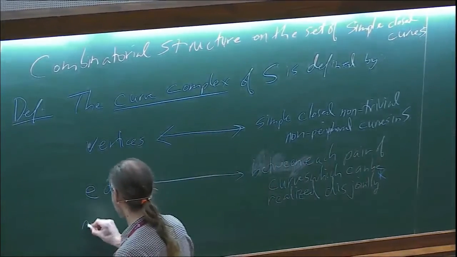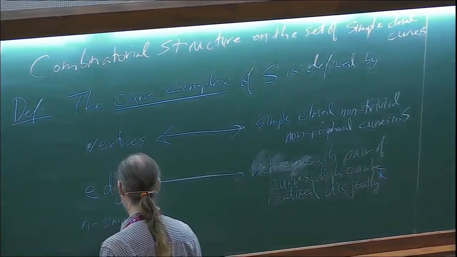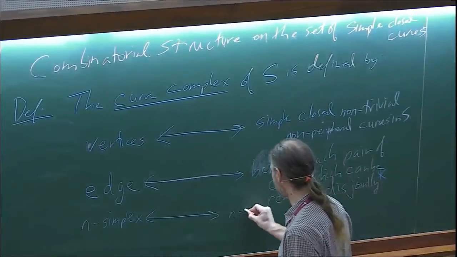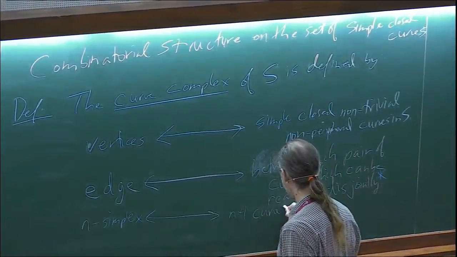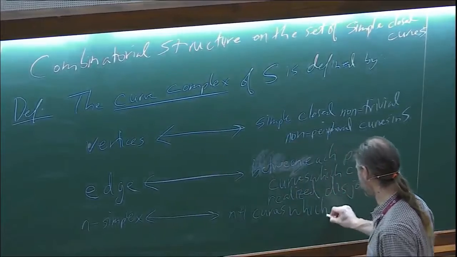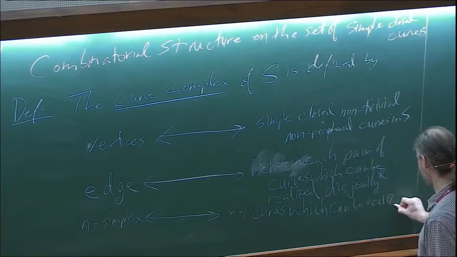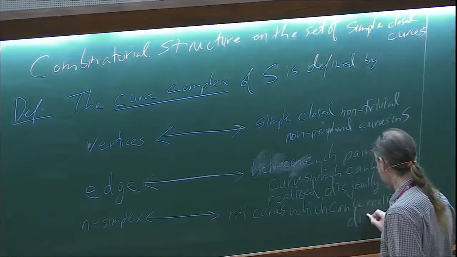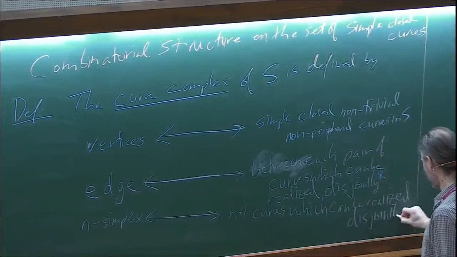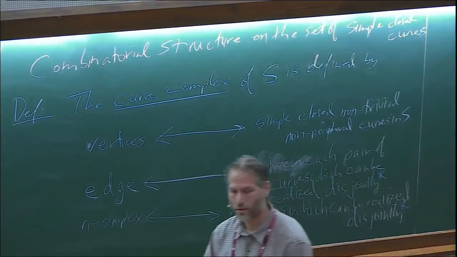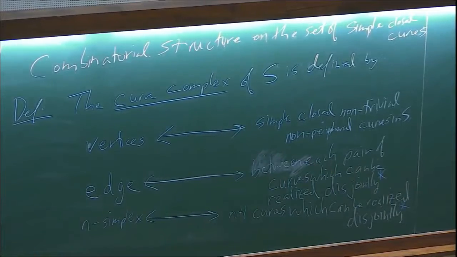And then you put an n-simplex if you have a collection of n plus 1 curves which are realized disjointly, and I'll put the same asterisk there. Okay, so that's the abstract complex.